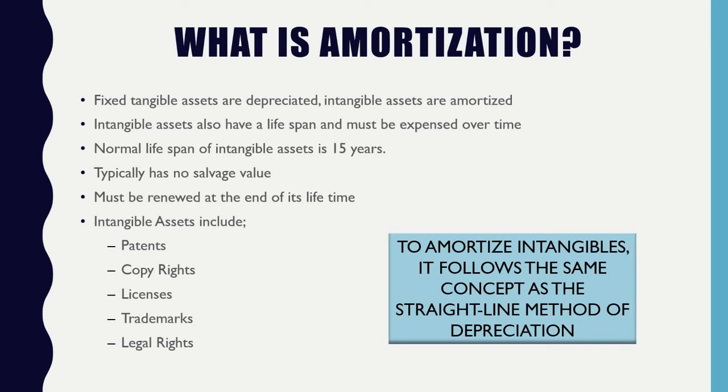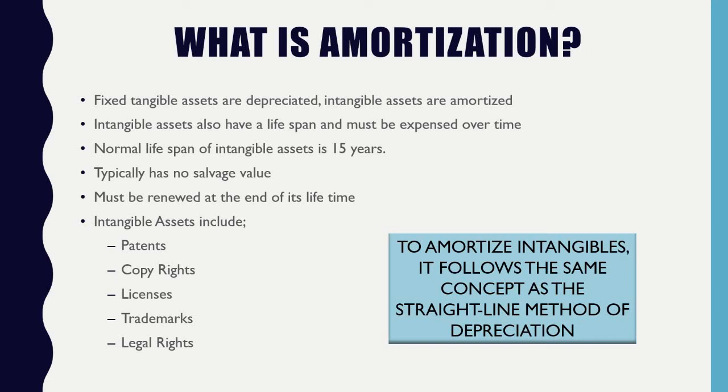So you use amortization when you want to depreciate intangible assets. Those usually are things like patents, copyrights, licenses, trademarks, logos. Any kind of legal right is typically intangible.